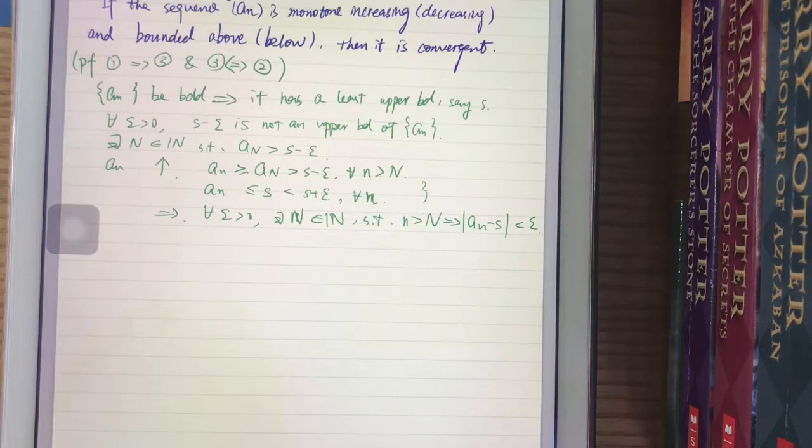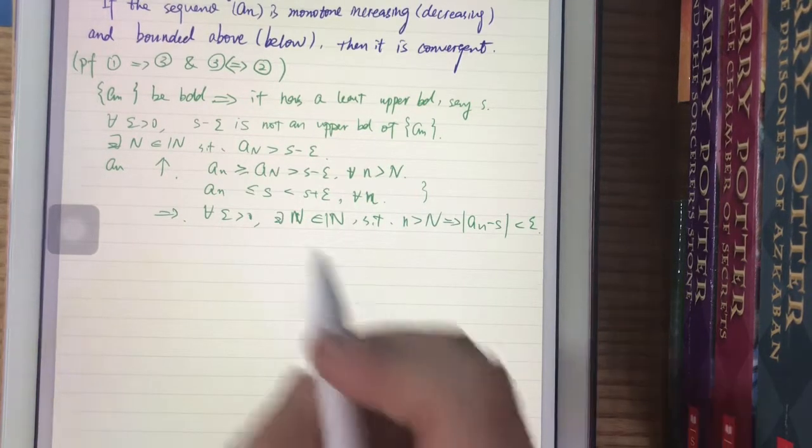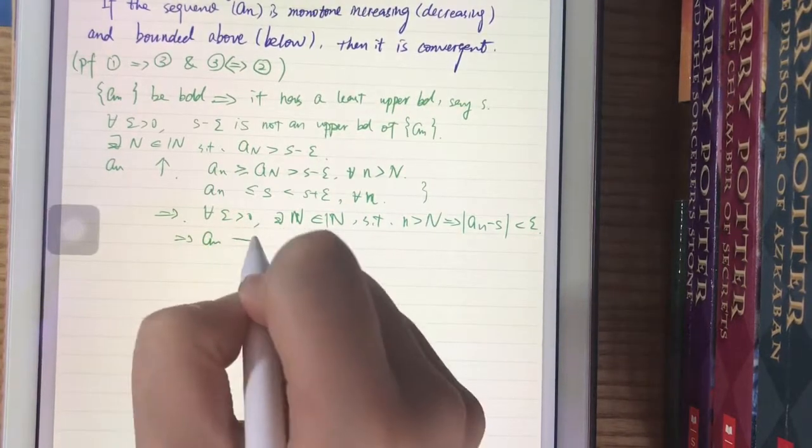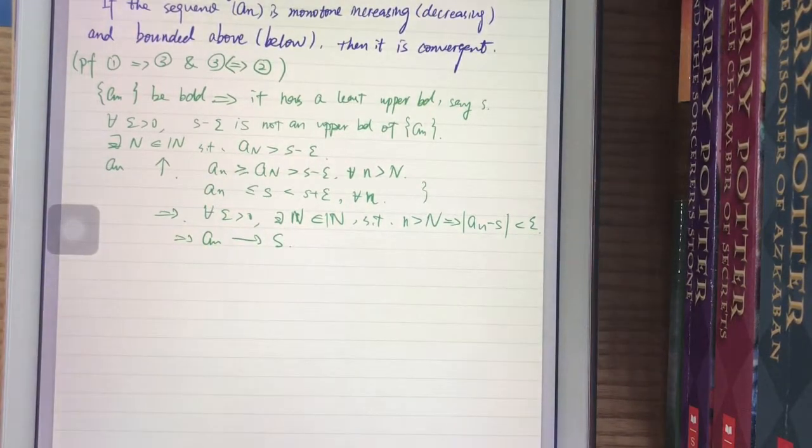That is to say, a_n is convergent, and a_n converges to S, right? So we prove that the sequence, which is monotone increasing and bounded above, is convergent.